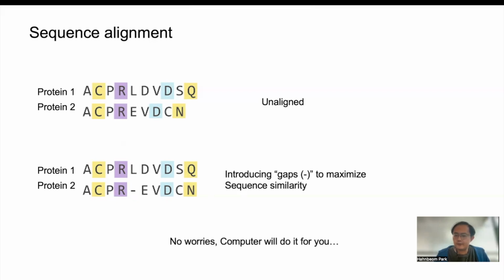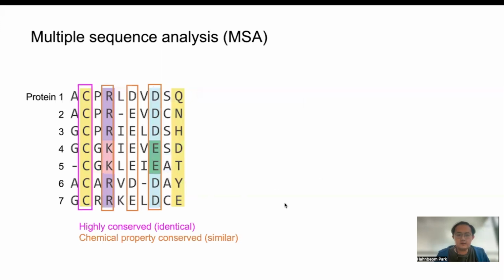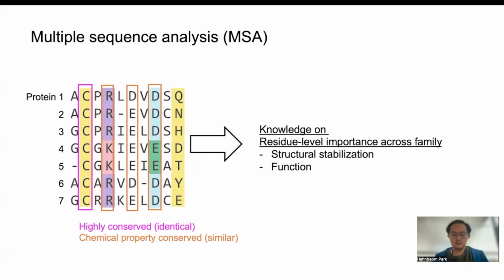You can also do this for more than two proteins, and that is called multiple sequence alignment. You can align related proteins in a single page like this, each column containing similar amino acids. You can see that some columns are similar, some are identical, and some are unrelated.